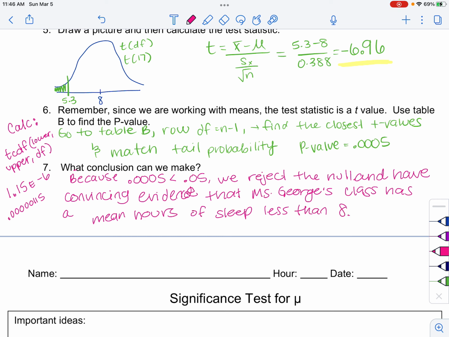All right, so we've done our conclusion, and we are going to now move on to the important ideas. But I want you to remember this conclusion very, very similar to the ones that we did before.